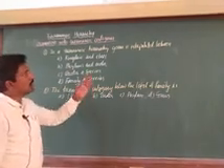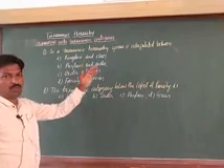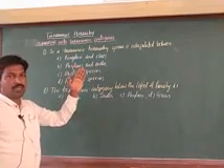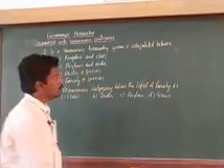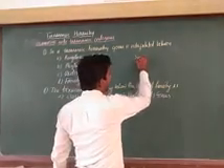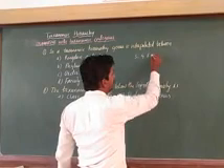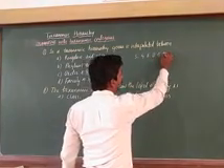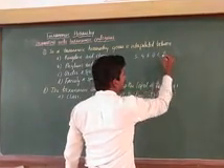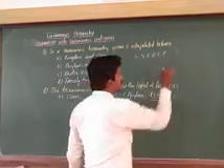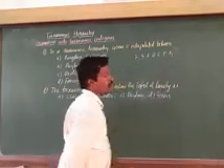If you know the sequence of the taxonomic hierarchy, from species to genus, next family, order, class, next phylum, next kingdom. Understood?